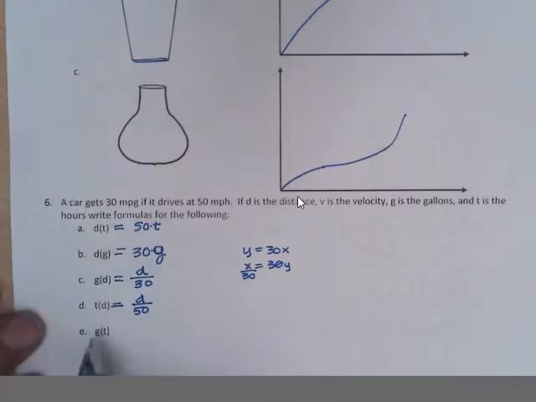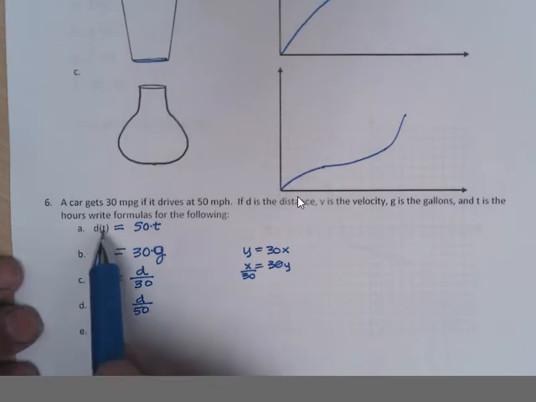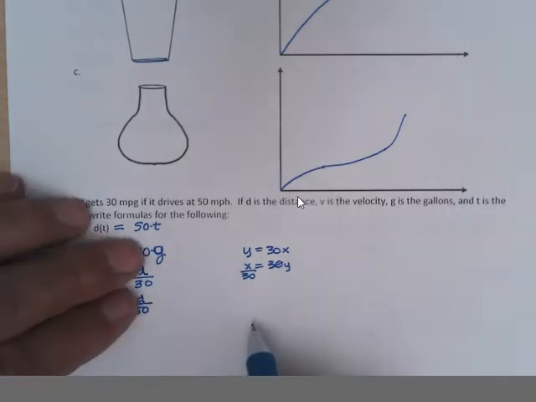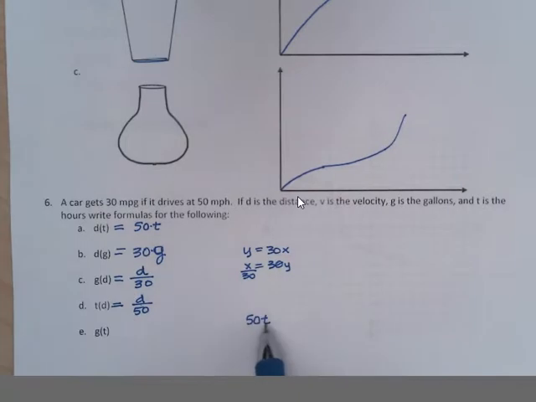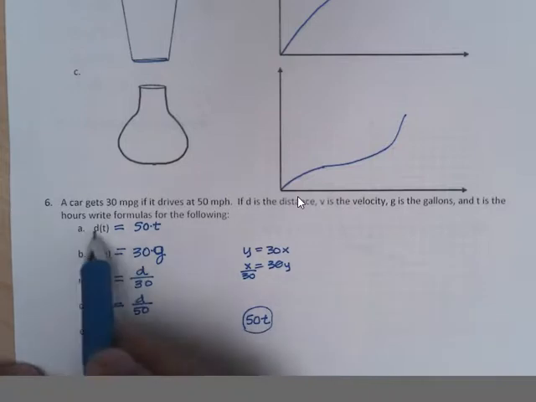So now I want g of t. That's kind of combining these two numbers. Well, to help us understand that, the variable has to be t. Which one of these has a t? Well, the variable here is a t. So if I do 50t, I give it t, it returns a d.